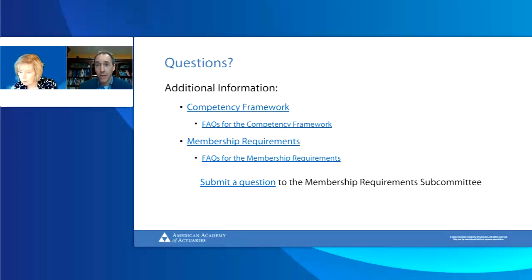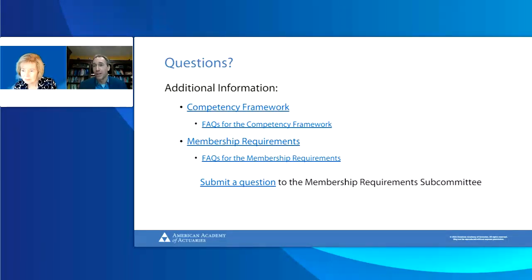If they subsequently move over to another area, that doesn't really affect their membership, but maybe this is a good time to point out that membership in the Academy and qualification to issue a statement of actuarial opinion under the U.S. qualification standards, the USQS, are different things. And it is certainly possible to be a member of the Academy, but not be qualified to issue a given statement of actuarial opinion.